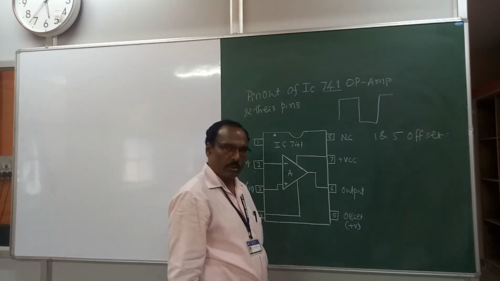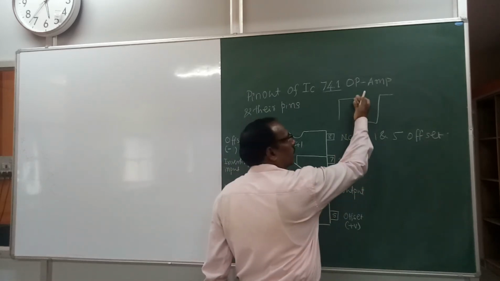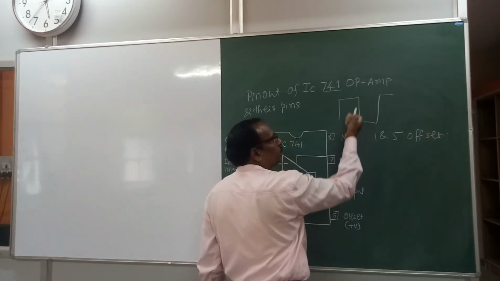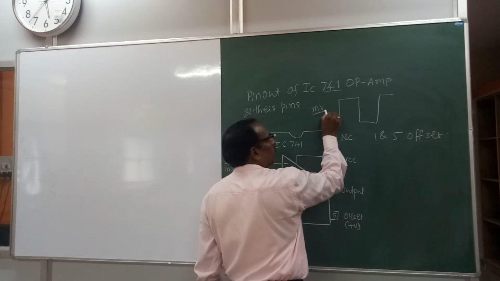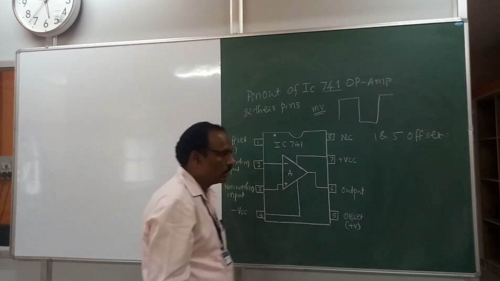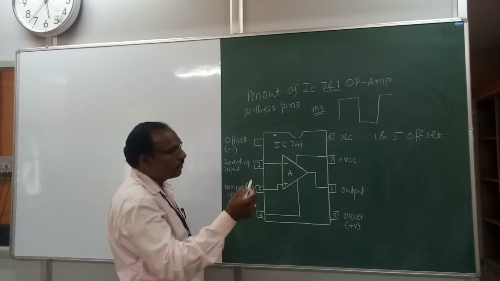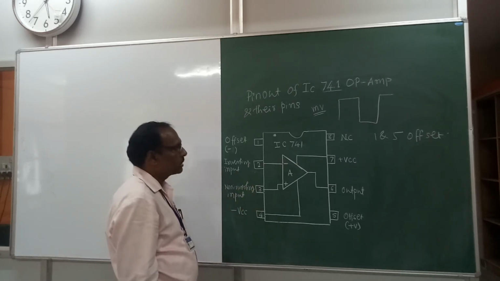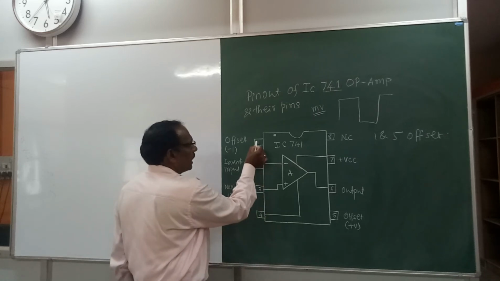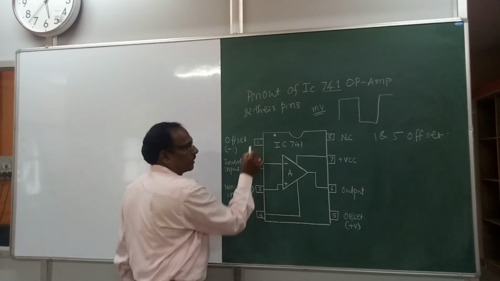Sometimes we don't want this. The magnitude may be in millivolts or a little more. However small the magnitude is, it is still an output. For this, what we do is adjust the offset.